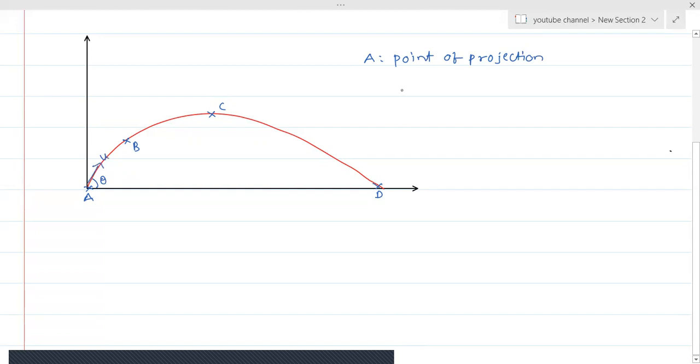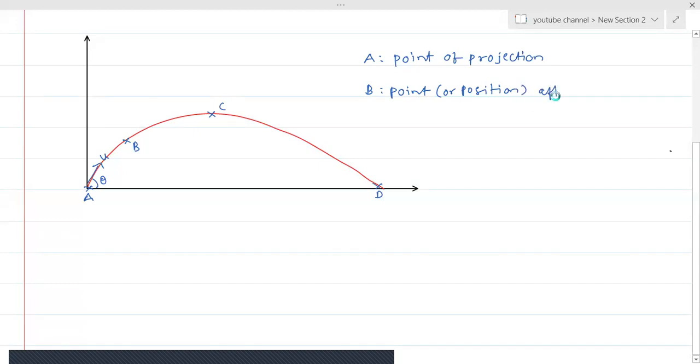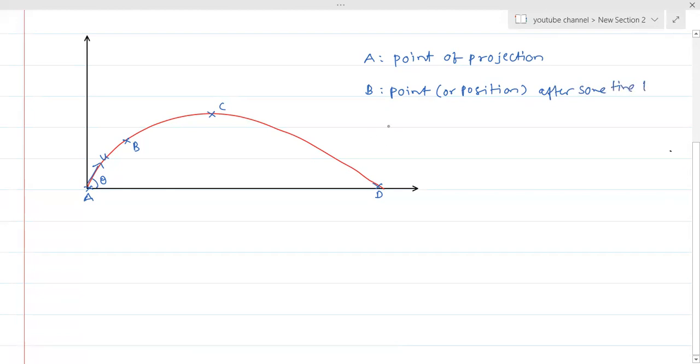That is about the point of projection. And B is a point or position after some time t.